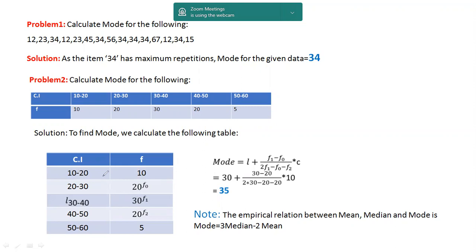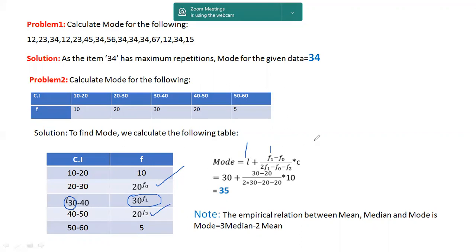So the class interval we take is the one with the highest frequency. So the lower limit of the class interval is 30, so L is nothing but 30. f1 is the class interval frequency, which is again 30. f0 is the preceding class interval frequency, which is 20, and f2 is the succeeding class interval frequency, which is 20.